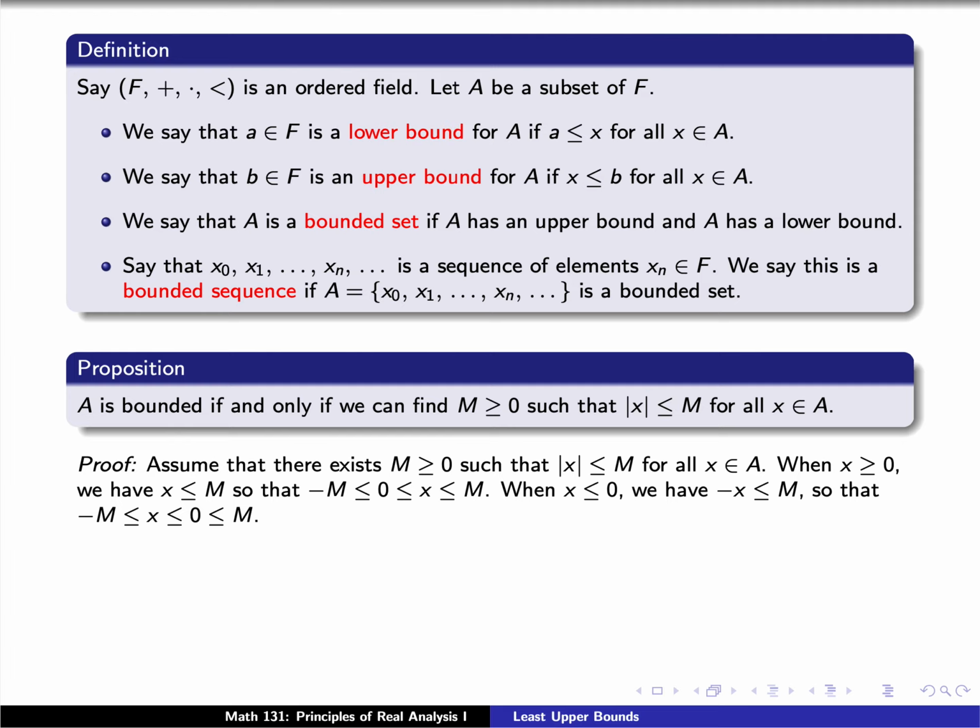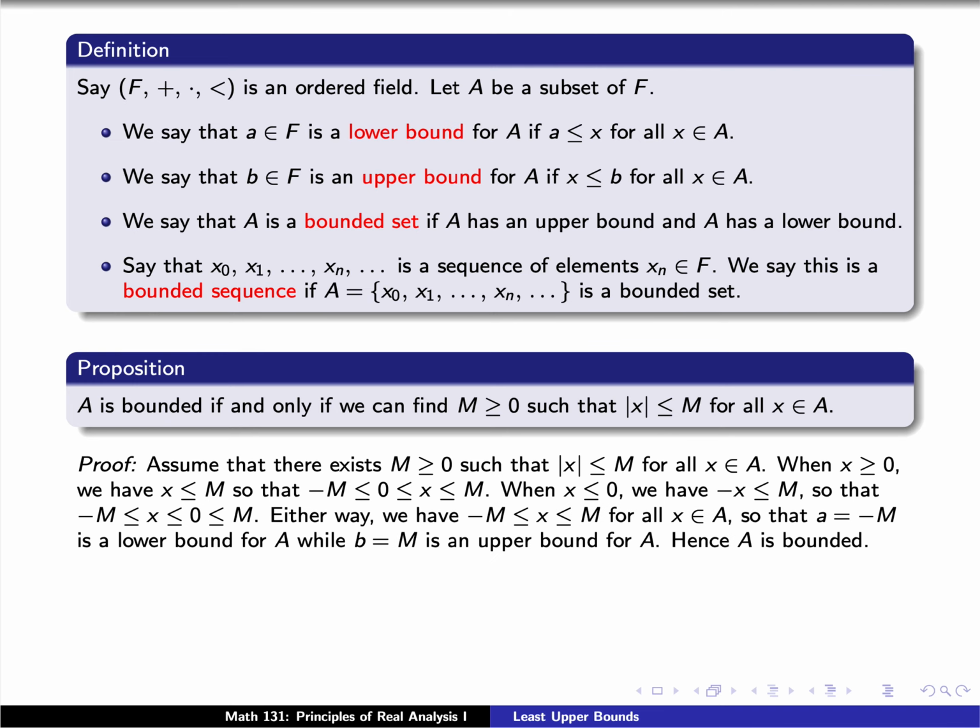And putting all of this together, we'll see that negative m is less than or equal to x is less than or equal to m. We find a similar statement when x is negative. This means that we can think of lowercase a equals negative m as a lower bound, and b equals positive m as an upper bound for this set A. This shows that our set A is indeed bounded.